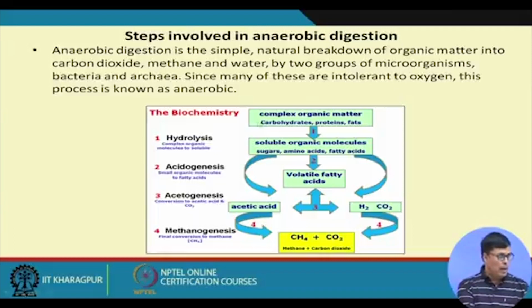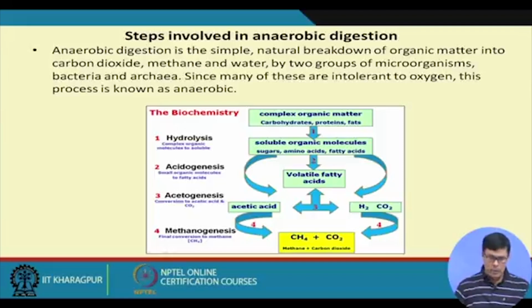Here I want to point out that two groups of microflora take part in this system. The hydrolysis and acid production usually take place by the acidogens, and methane production takes place by the methanogens. These are two groups of microflora, totally different from each other.